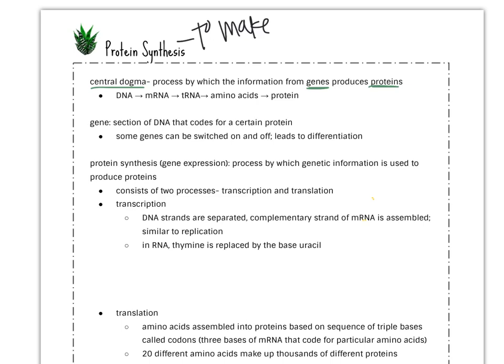So again, to just reiterate, a gene is a section of DNA. That's super important that we remember that it's DNA. It's a section of DNA that codes for certain proteins. And this is such an important definition, I'm going to highlight it again. And like we already put, some genes can be turned off and on, which leads to differentiation.